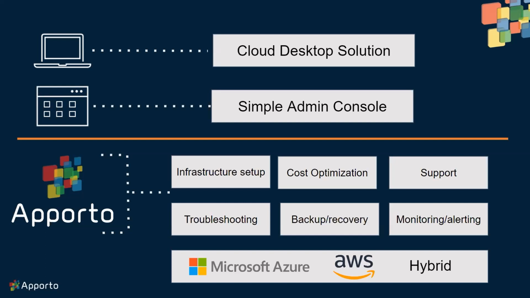We give everybody a very simple admin console, again in the browser, and they are able to manage users, applications, and images. All end users get a very easy to use cloud desktop solution. That is one of the big value adds and one of the reasons we're able to move so quickly with customers.